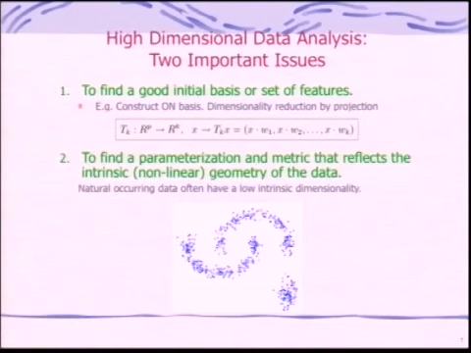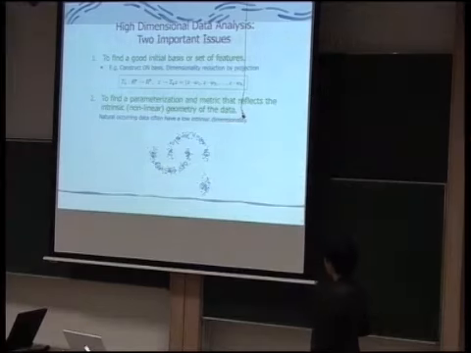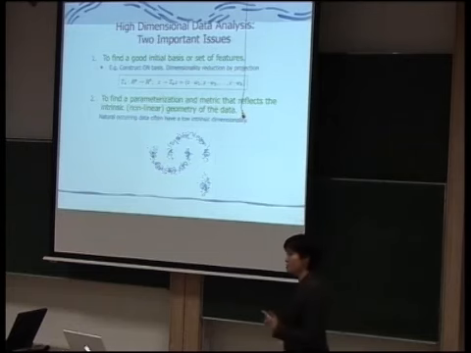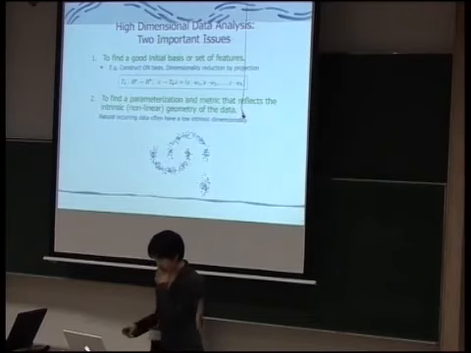Secondly, in a more complex setting, you also need to find a parameterization and a metric that reflects the intrinsic, possibly nonlinear geometry of the data. So, for example, if you have data along these banana-shaped structures, then you need to find a parameterization that reflects this.